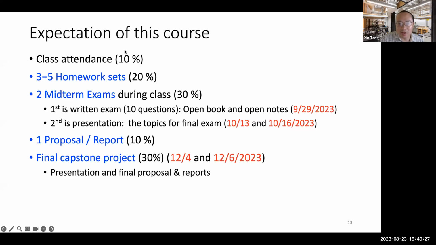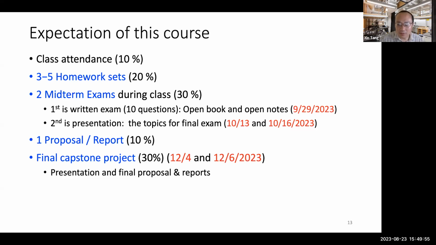For example, the discussion, the homework, the exam presentation, exam writing, and the final overall presentation, either in a group or individually. Okay, those will help you to understand better, to learn how to use physics tools, physics laws, and mathematical skills to study a biological topic. Okay.